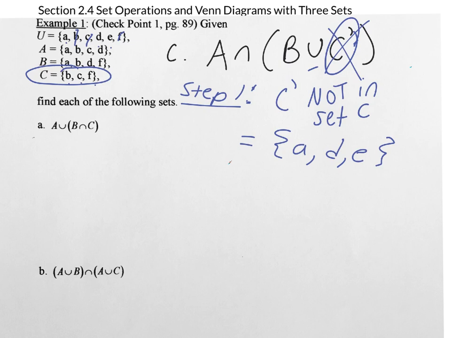We are still inside the parentheses. So now step 2, we can take care of that union. We're going to do set B united with C complement.